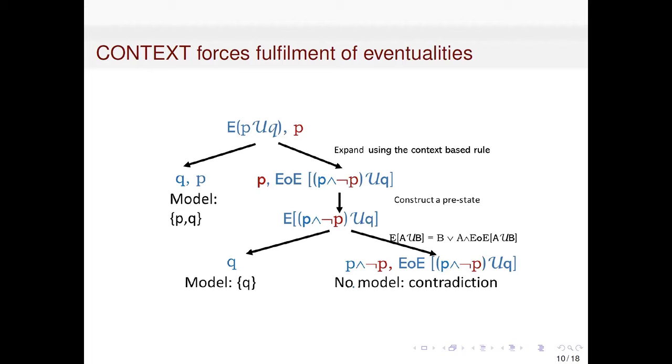And you can see what's happening here. I move the context, which is P, into the argument of the until, but with a negation. And the formula on the right says that at the next state you would have P and not P until Q, which embeds the context in that modified way into the argument of the until operation.